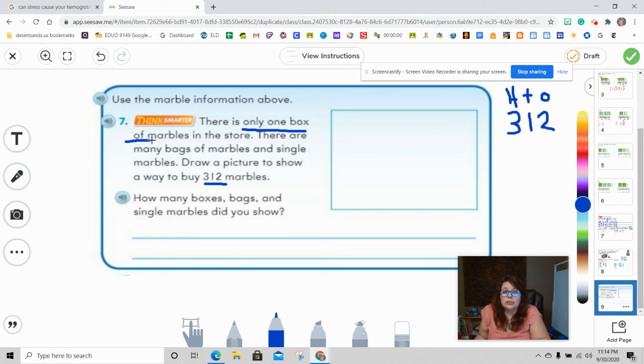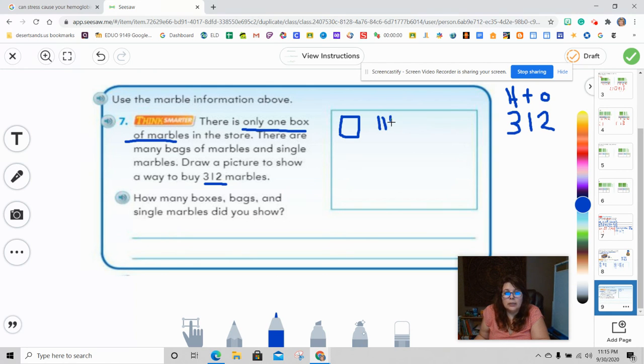They're telling me there's only one box. So I can only draw 100 because there's only one box. But I can draw many, many bags, which is tens. So I'm going to draw one box. That's 100. But I don't need 100. I need 300. So that means I have to draw tens.